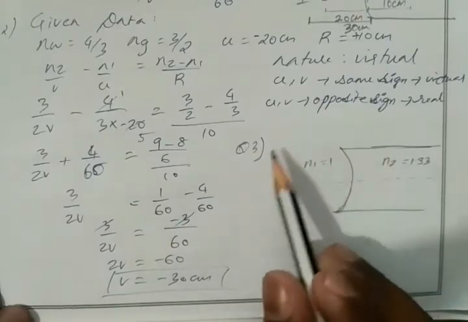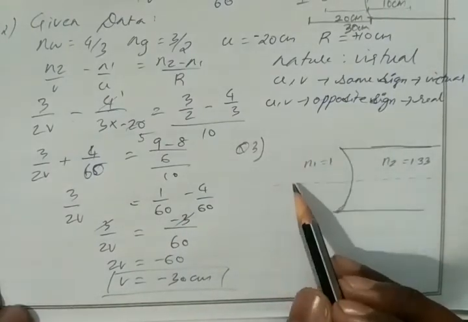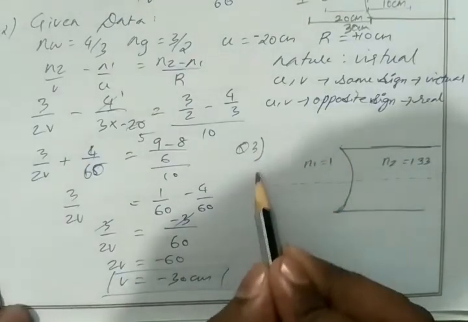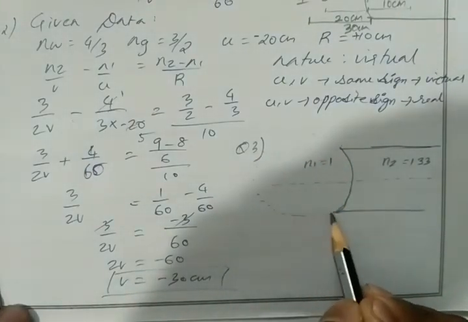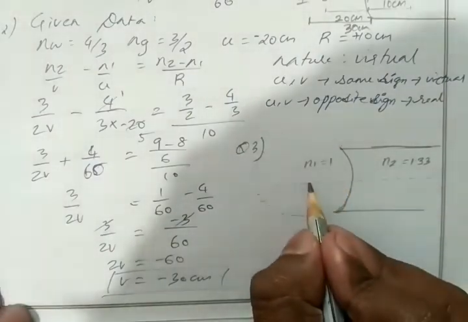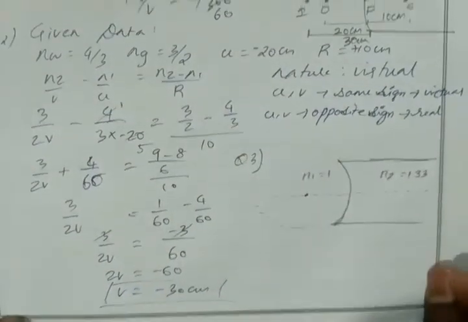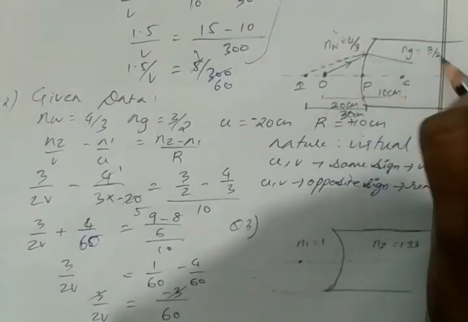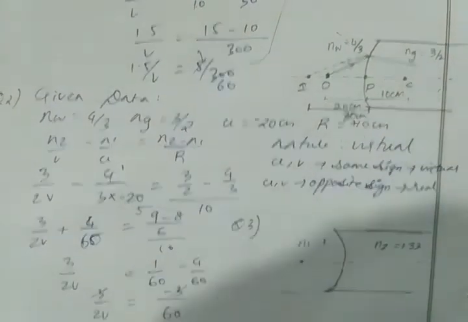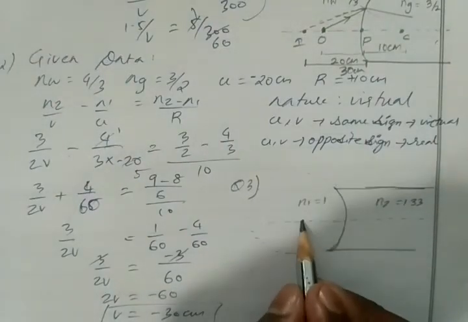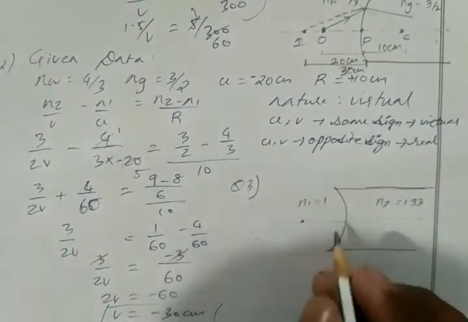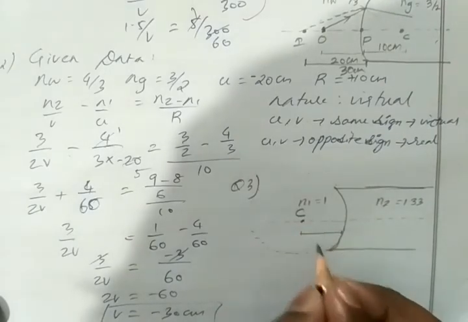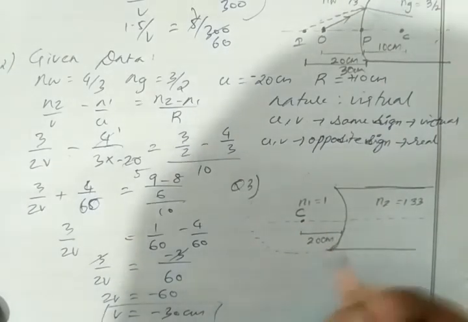Here we have a convex surface. If I form a circle from the spherical surface, then I have the center here. The only difference between the previous problem and this problem: if I form a circle for this curve, I have the center here. So the center of curvature value is given, 20 centimeter.